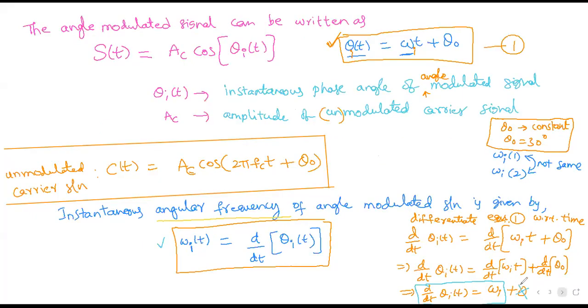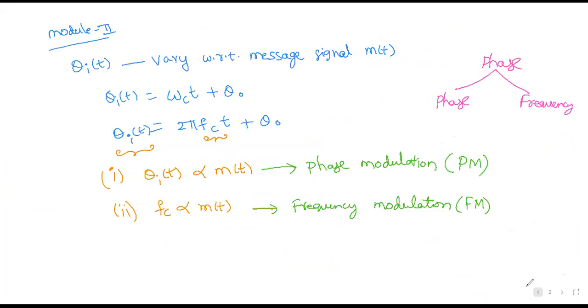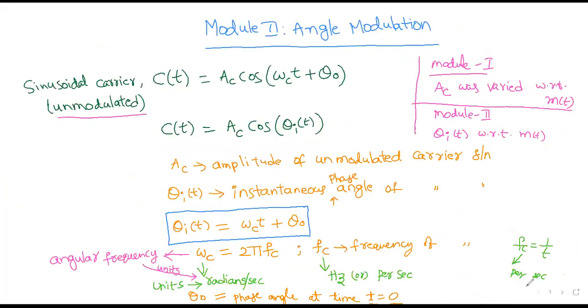Please carefully see the notations. Fc is the frequency of the unmodulated carrier signal, whereas Fi is the instantaneous frequency of the angle modulated signal. There is a difference between the two. Please carefully follow the notations.